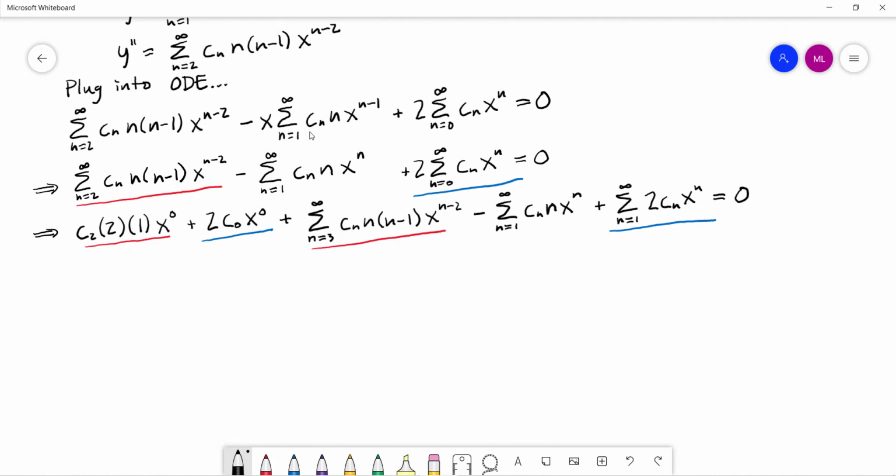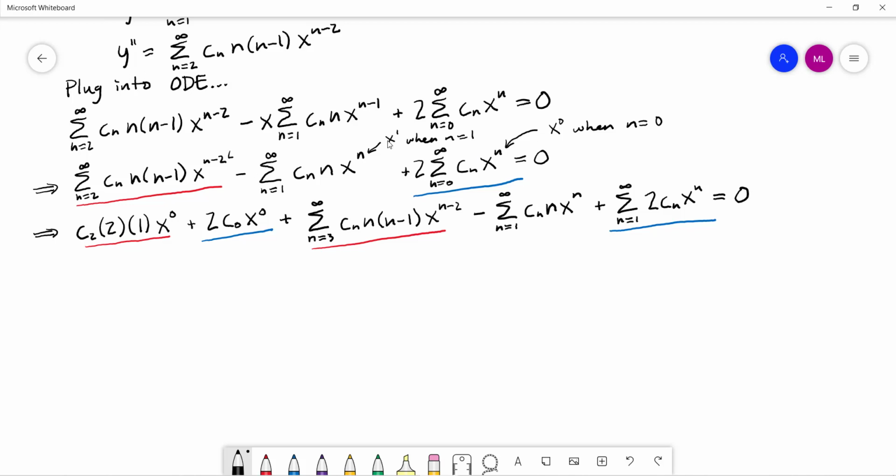And the whole point was because this one is basically x to the 0 when n equals 0, but this one was x to the first power at its first index when n equals 1, right? This one started at 0, so that was our first place. This one starts at 1, and we got a different power of x.